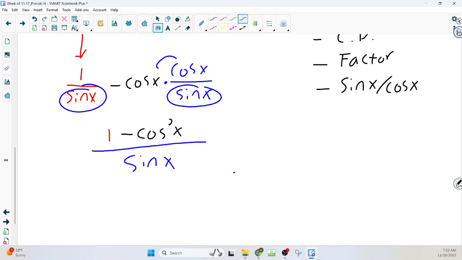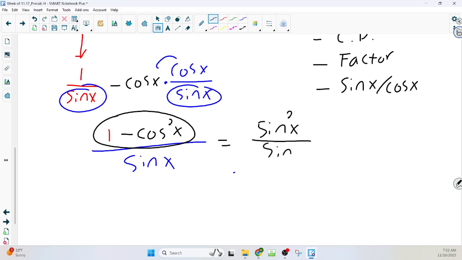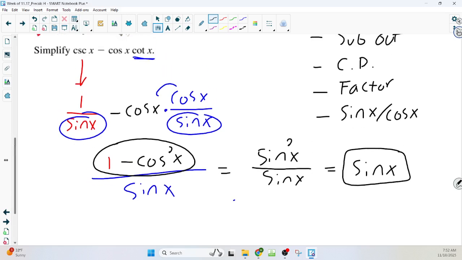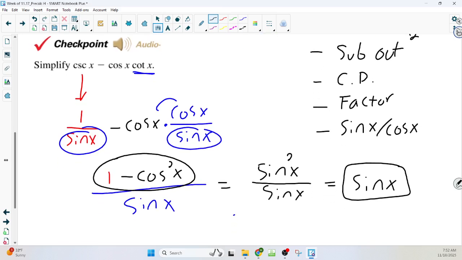And 1 minus cosine squared of x is actually equal to sine squared of x, so sine squared of x over sine of x, and that is just sine of x. So that whole thing simplifies to just sine of x.